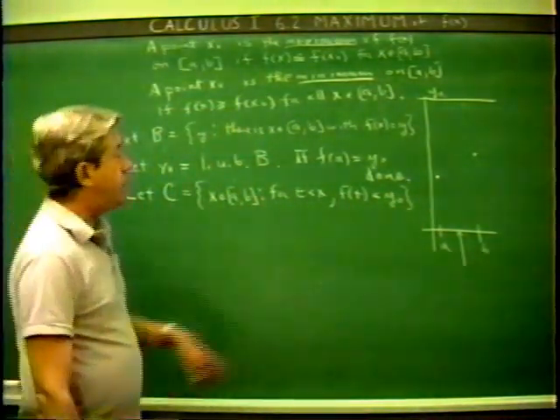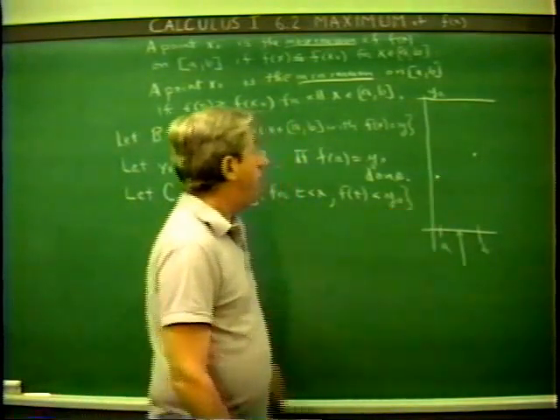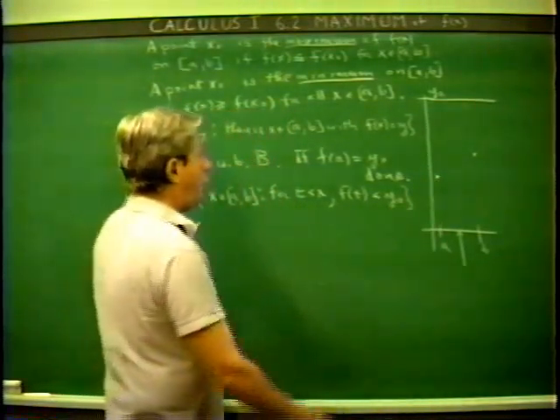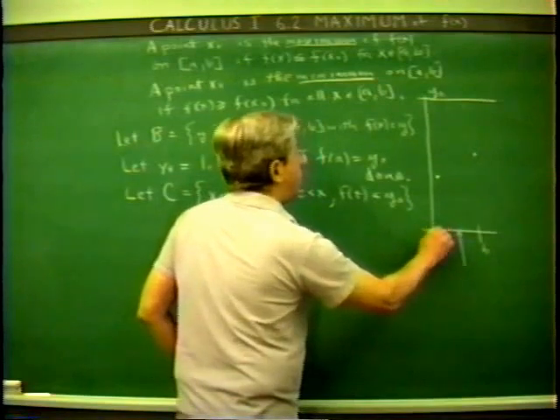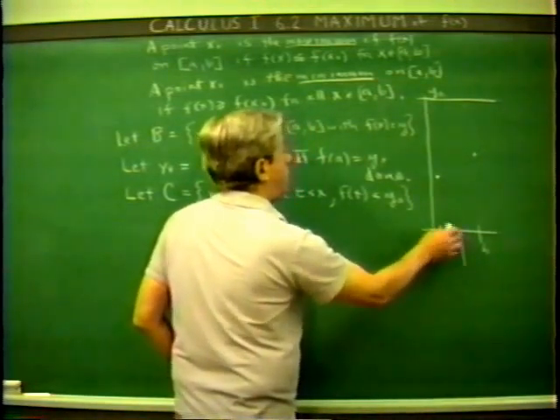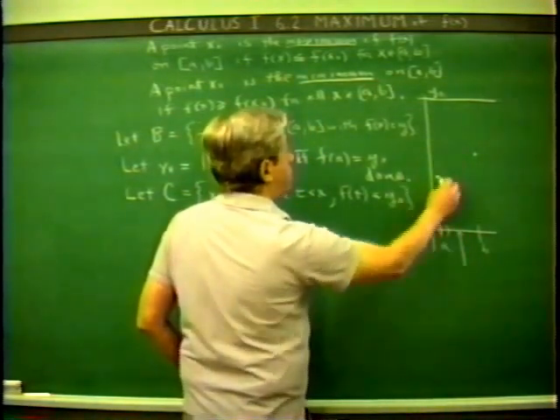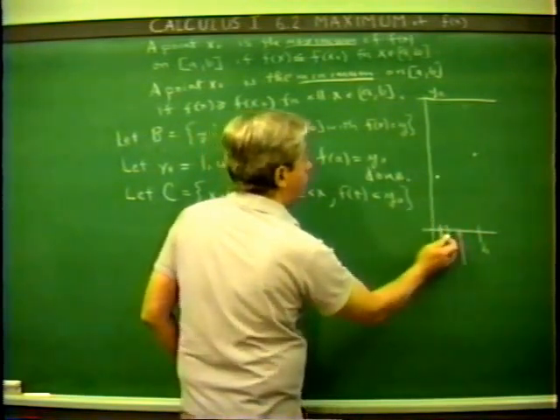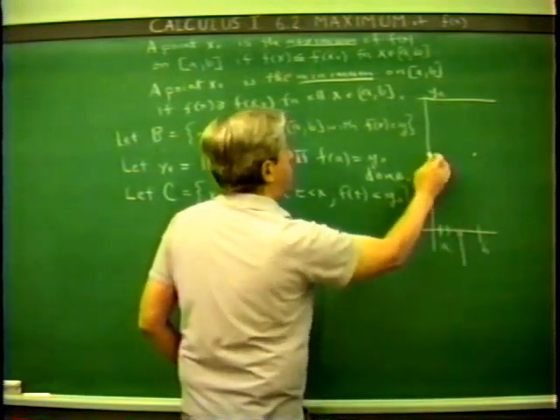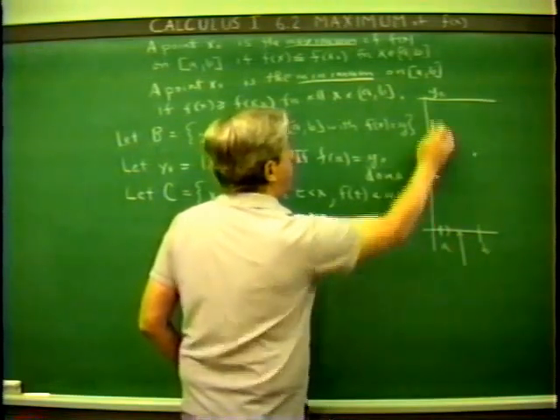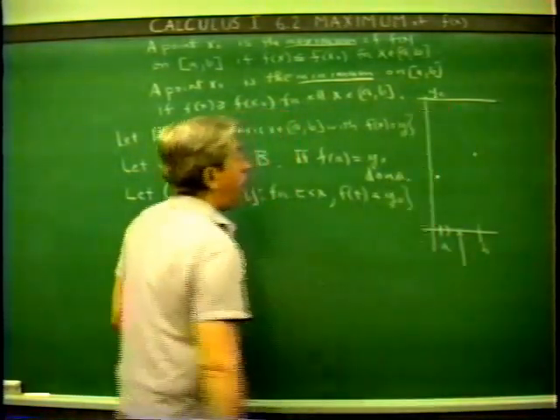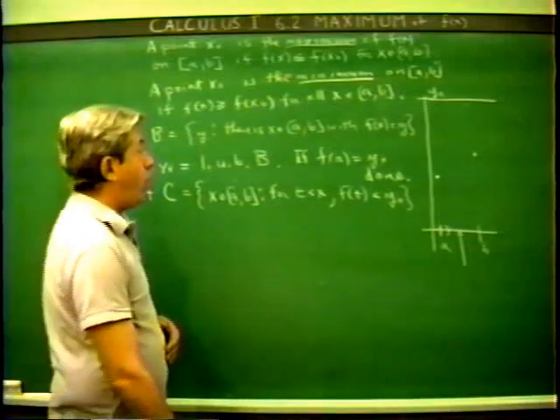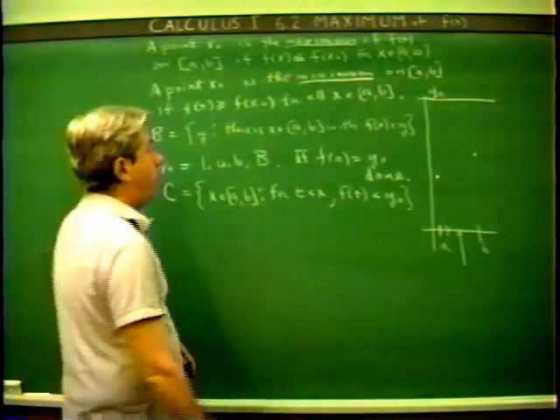Okay. Now C isn't empty because A belongs to C, and for that matter, since the function is continuous, there's a small delta here, so that f of x is less than y naught when x is between a and a plus delta. You can see this by choosing epsilon to be half of the distance between f of a and y naught.